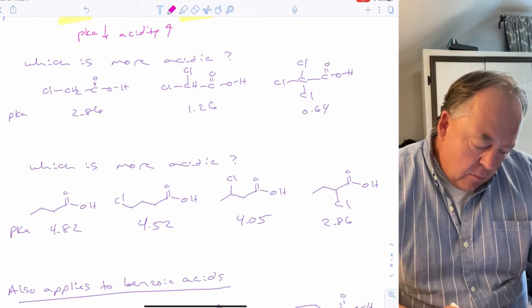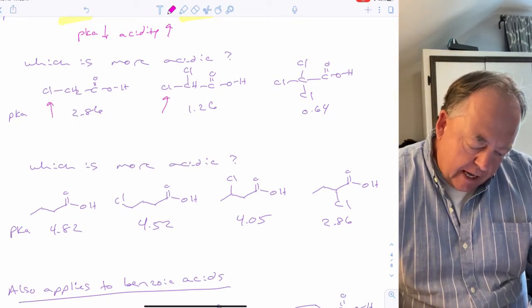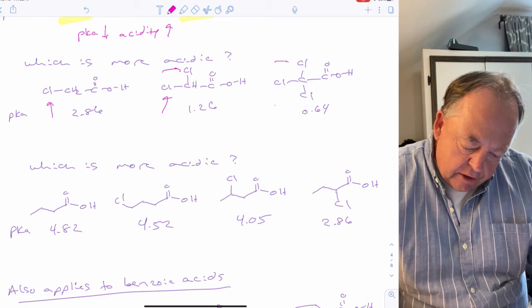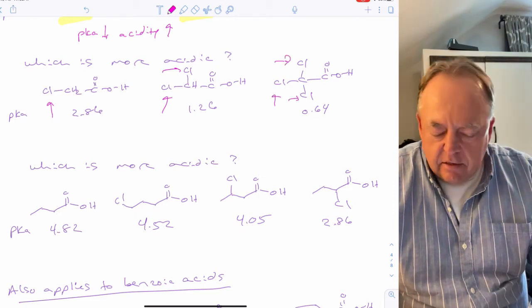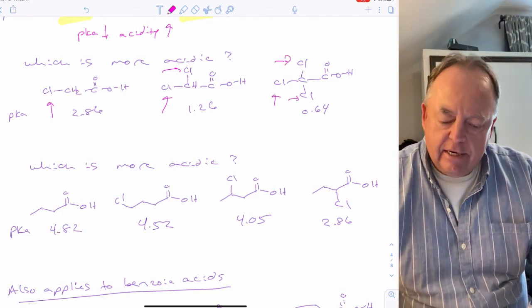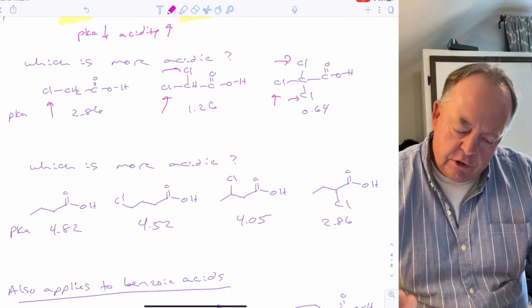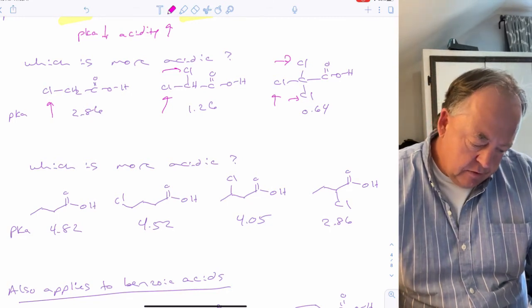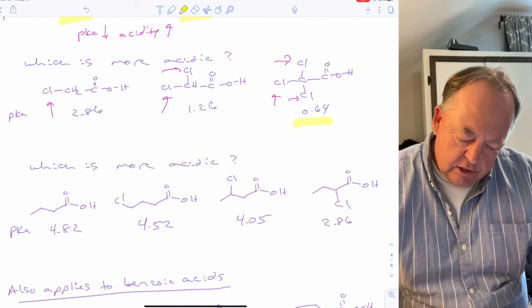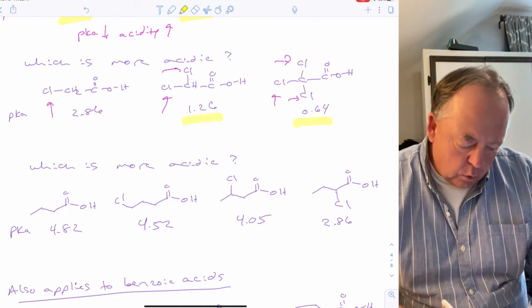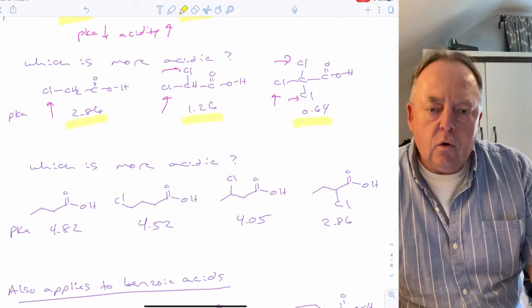And then obviously the more electron withdrawing groups you have, 1 versus 2 versus 3, that's going to help stabilize the negative charge on the carboxylate as well, which is going to make the acid more acidic. So you can see that the trichloroacetic acid is much more acidic than the dichloroacetic acid, which is more acidic than the chloroacetic acid.